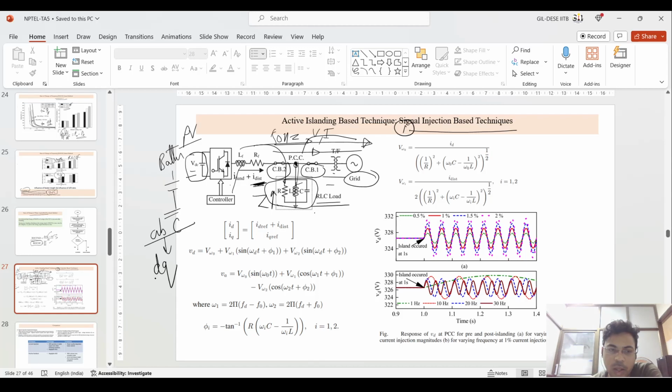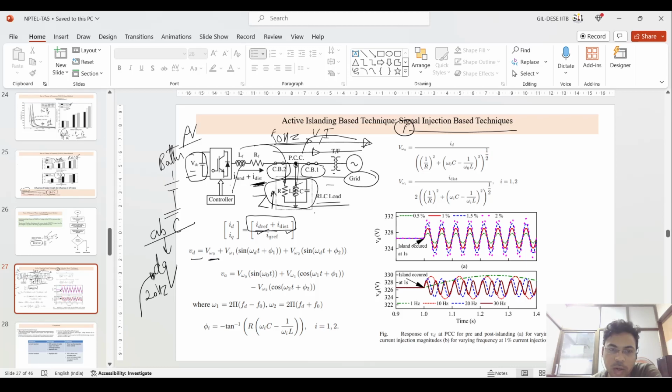So what I am saying is that you have an ABC frame, I am converting it into the DQ frame, and I am injecting this extra external frequency which is lower than 50 Hz. Suppose I am taking a 20 Hz signal, and I am injecting it in the D value.